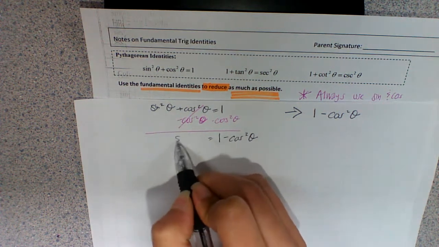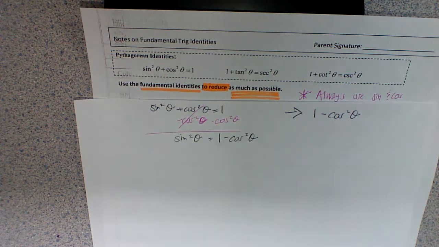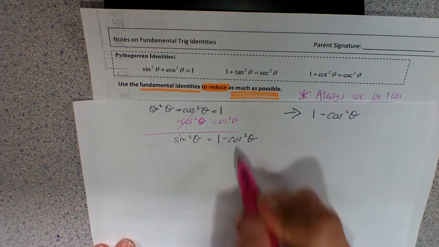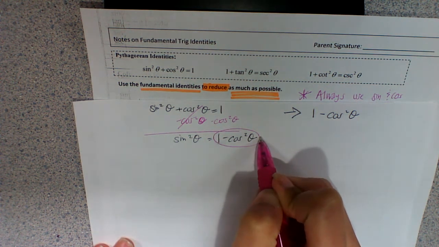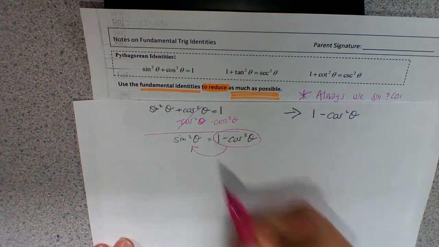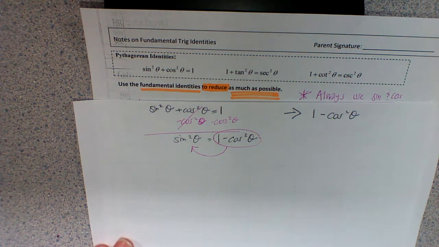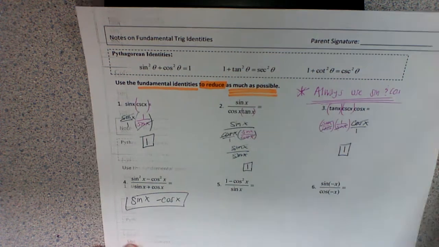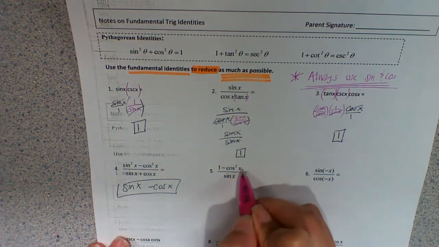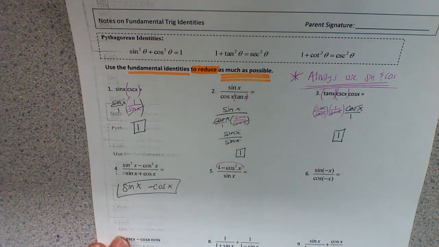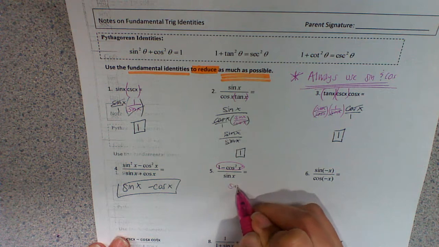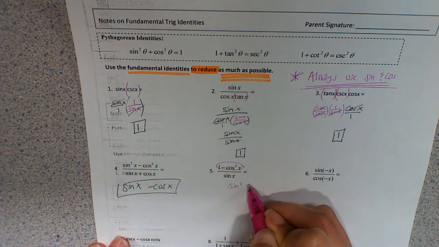And on the other side, that's actually equal to sine squared of theta. So now we're going to use this as a substitution almost, where 1 minus cos squared can be written as sine squared of theta. So now if I go into my problem, all of this I can write as sine squared of theta, or x.